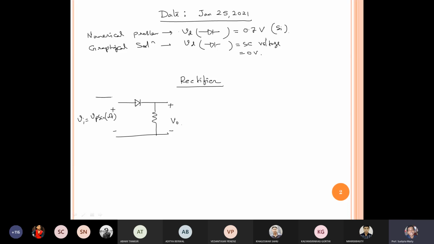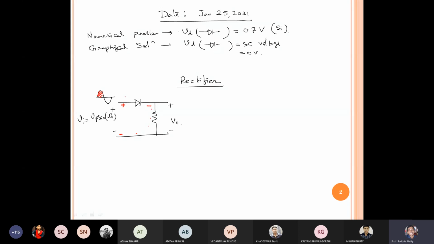In the case of the first positive half cycle, here the voltage is positive and here it is negative, so we can assume this negative sign comes across over here.